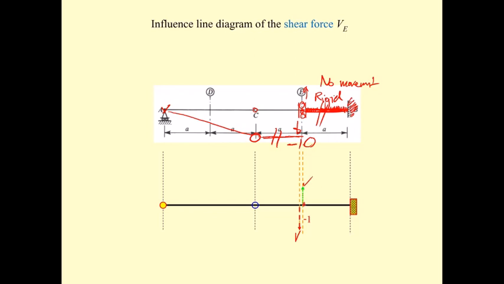But this force produces no effect at all due to the rigid beam to the rigid support. So only on the left of point E, on the left of point E moves. When it moves, it's going to move parallel to this. Okay, and it's going to have a -1 value. And then you connect the rest of the beam, you get the influence line of V sub E.